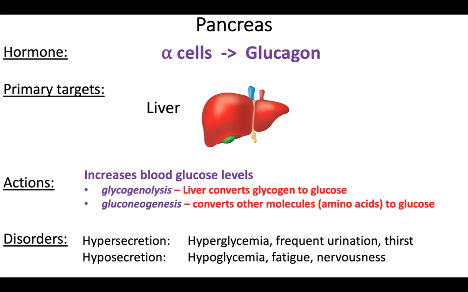And together, these two hormones, because they're antagonistic, meaning they do opposite things, are really good at maintaining your blood sugar levels. Okay, so this is going to look a little bit like calcitonin and parathyroid hormone, in that together one's going to be able to raise your blood sugar and the other one's going to be able to lower your blood sugar, instead of, say, calcium like calcitonin and parathyroid.